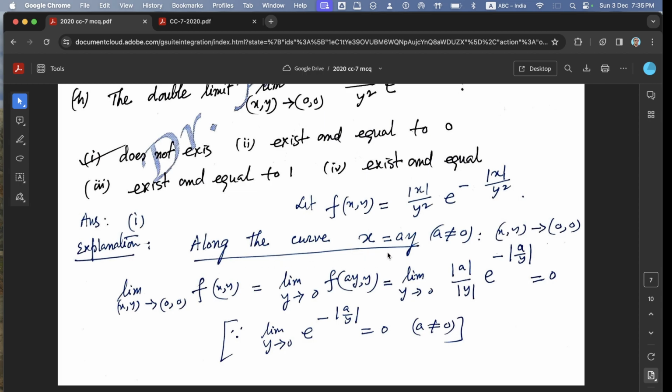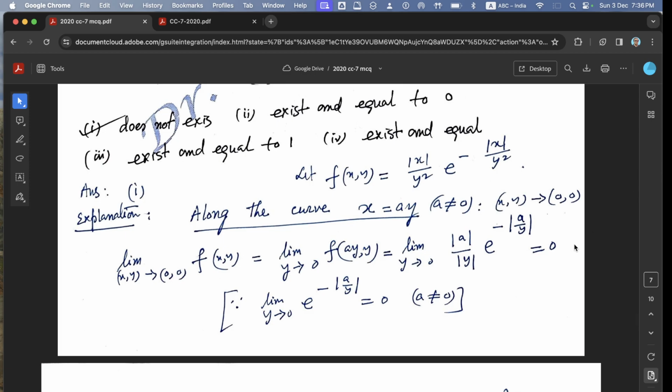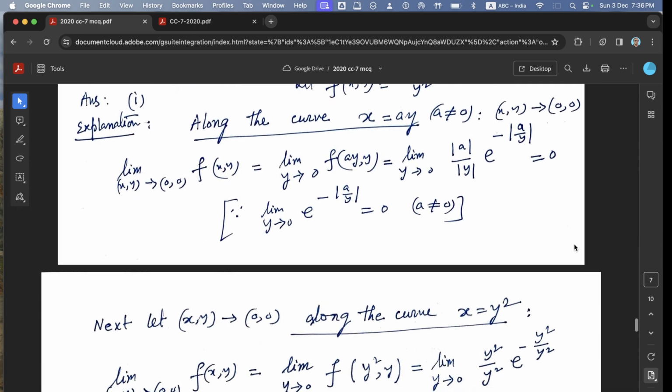Along the curve x equal to ay, a not equal to 0, put x equal to ay, y tends to 0, f(ay, y). This becomes |a||y| e to the power minus |a|/|y|, and as y tends to 0, e to the power minus infinity is 0, so this limit equals 0.